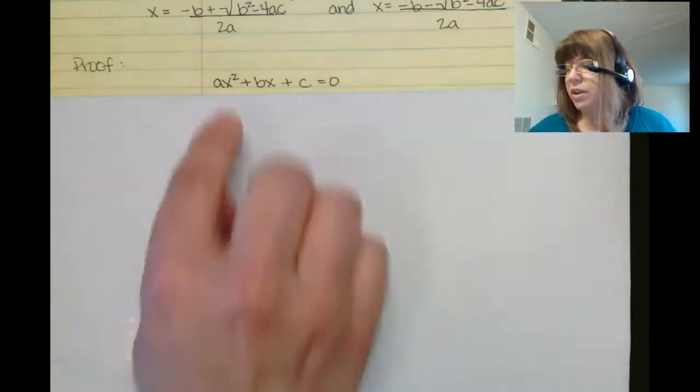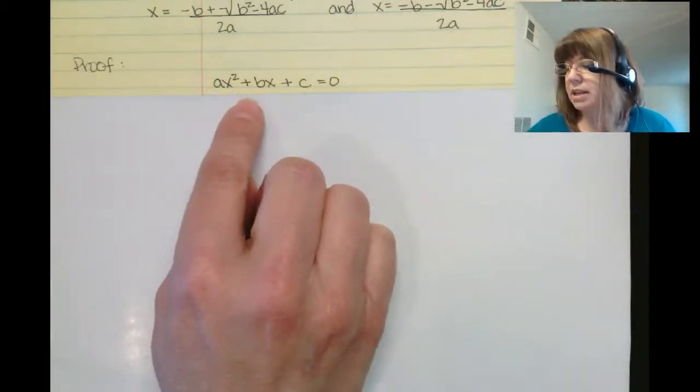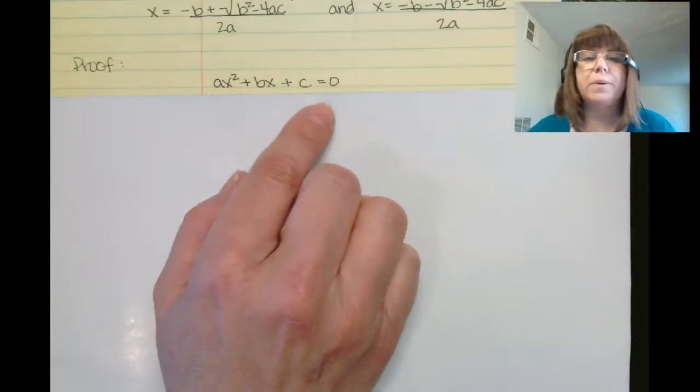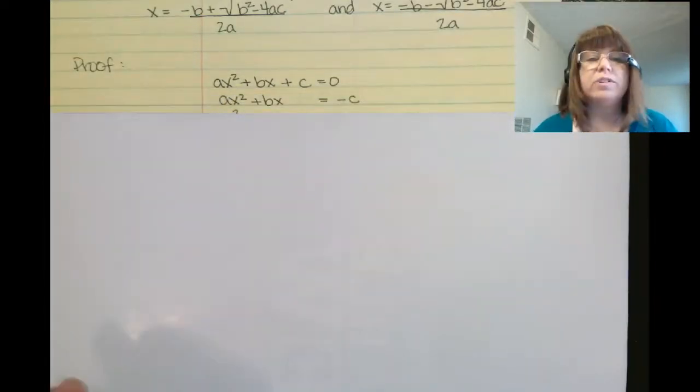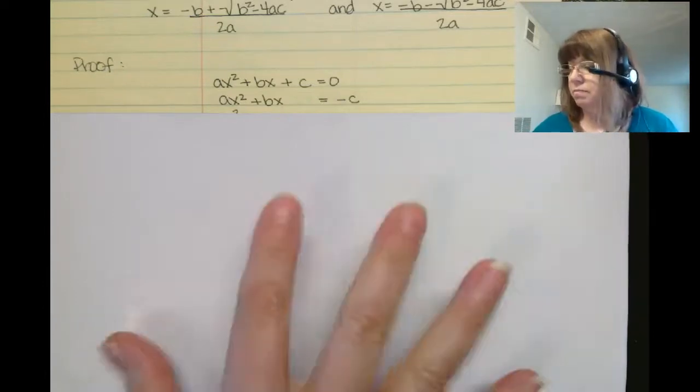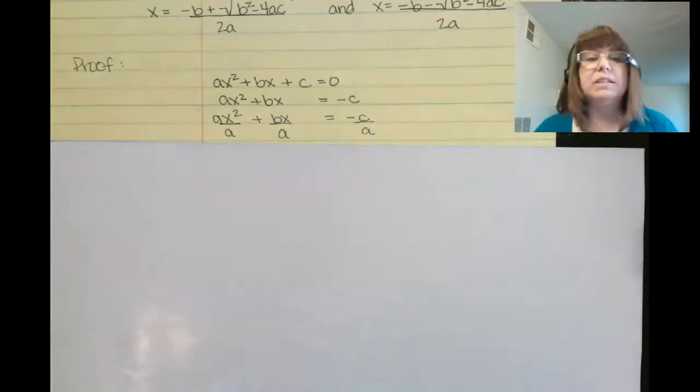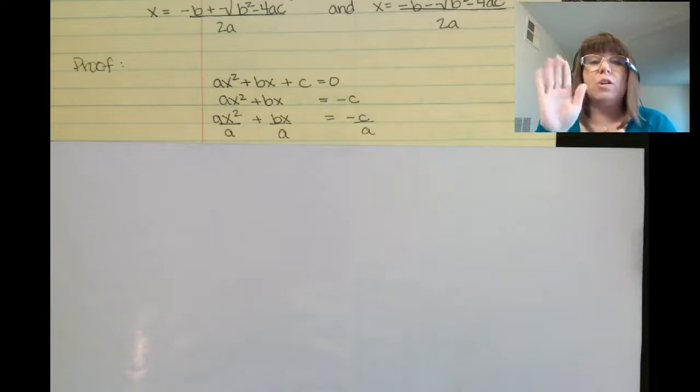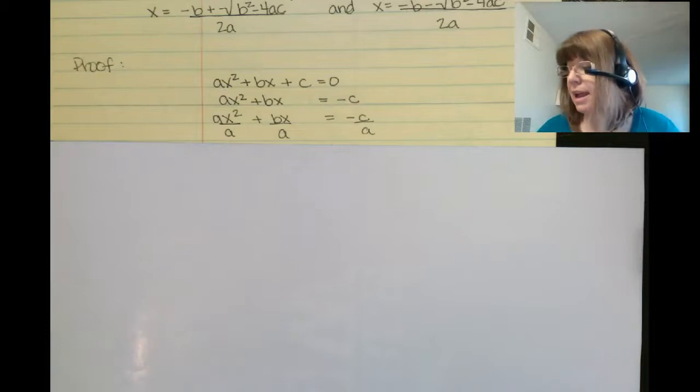So let's start off with ax squared plus bx plus c equals 0. The first thing I want to do is move over the c to the other side, the right-hand side. Then I want to complete the square. I want to divide by a, so I want that coefficient in front of the x squared to be 1. So I'm going to divide everybody by a.